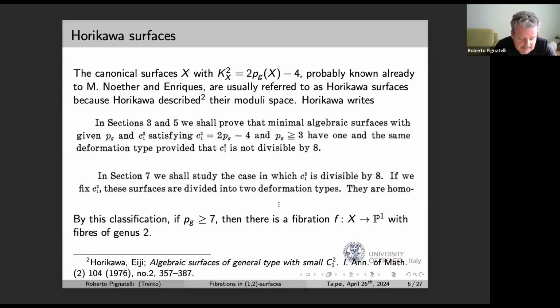So we have already said that the Noether inequality in dimension 2 says that K squared is at least 2pg minus 4.